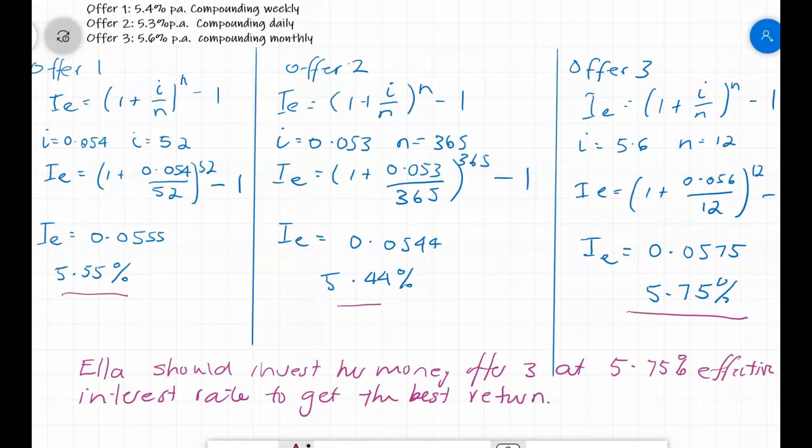So you can see it is a combination of the interest rate and the periods that it is compounding that make a difference.